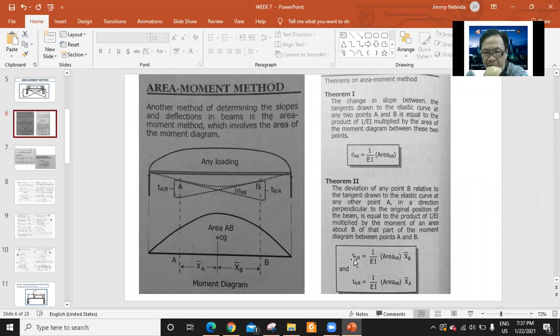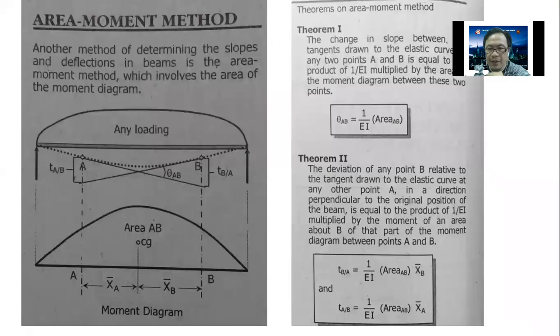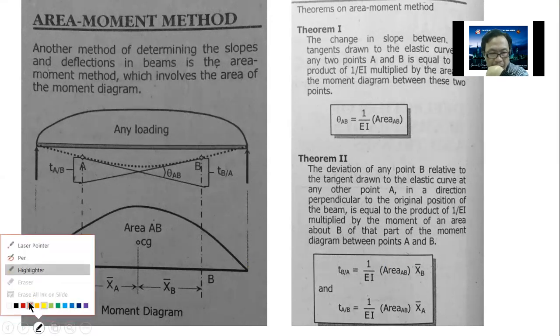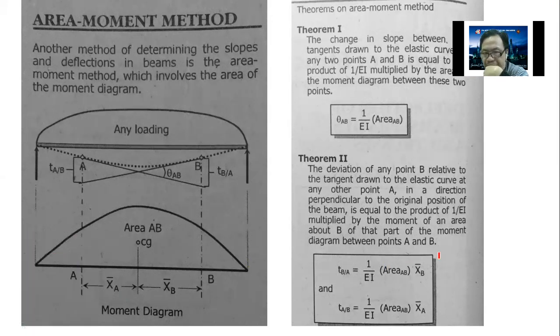If it is the deviation at B from A, it is from B. If it is from A, it is also from A. And if you are going to compute for the slope, you just have to compute the area, no need for the centroid.